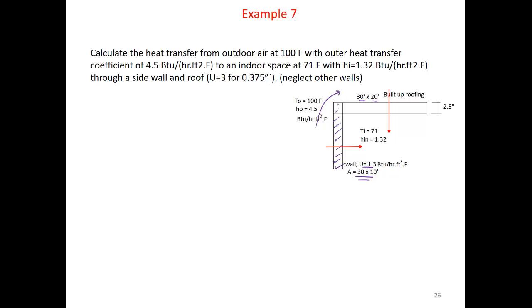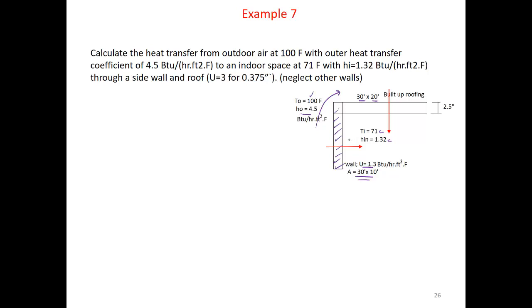It's at 100 degrees Fahrenheit. The H is 4.5. That's summer because it's 100 Fahrenheit. And the indoor is 71 and 1.32. Find the heat transfer from the outdoor to the indoor in this case.